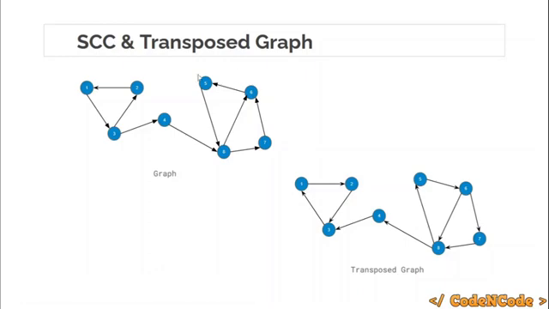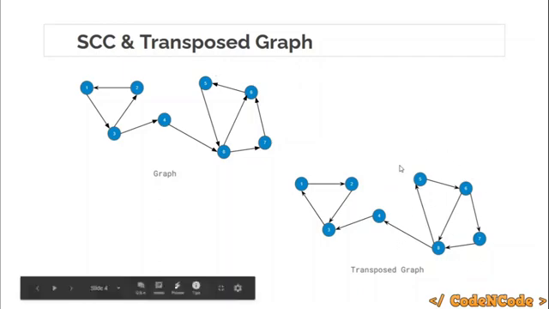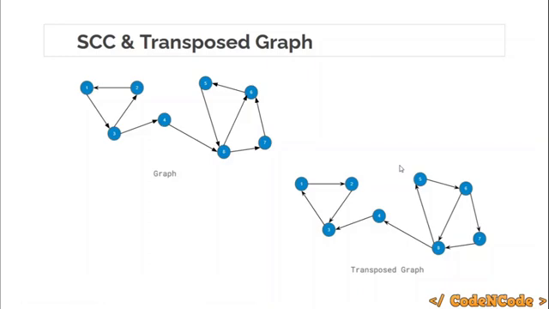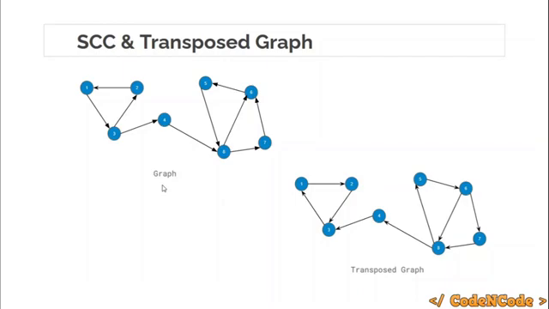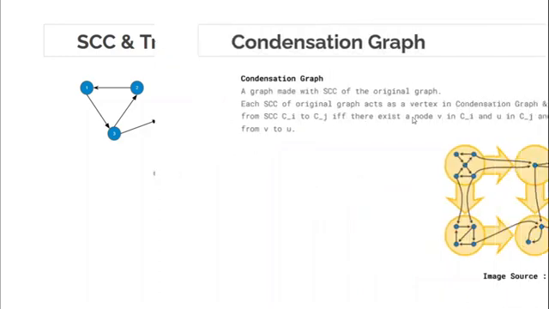In the original graph, 5 6 7 and 8 were part of the same SCC, and even in the transposed graph they are part of the same SCC. This is one of the properties why we use the transposed graph, and the main reason you will know in a moment. So the transposed graph has the same strongly connected components as the original graph.